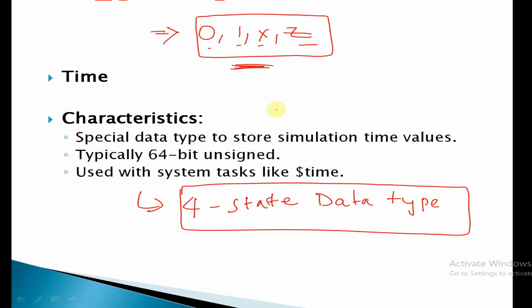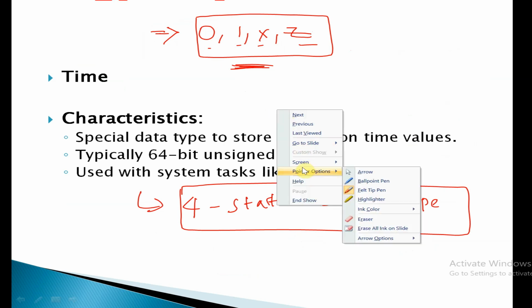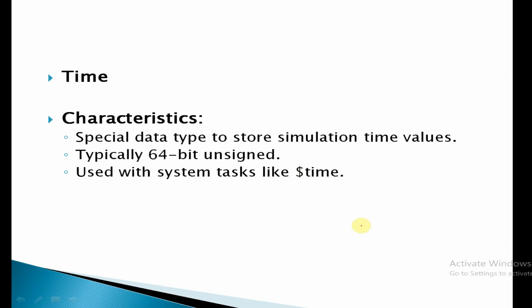Now, next comes the time data type. This time data type is used to display the simulation time. Let me show you how we are going to use it. We will see the initial begin block also in BFM modeling.